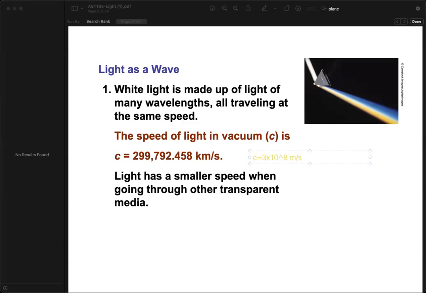If we write it in scientific notation and turn it into meters per second units, this is a number that you will be expected to remember. There are many types of calculations that we'll do, and you will need to use this number. 3 times 10 to the 8 meters per second is the speed of light.